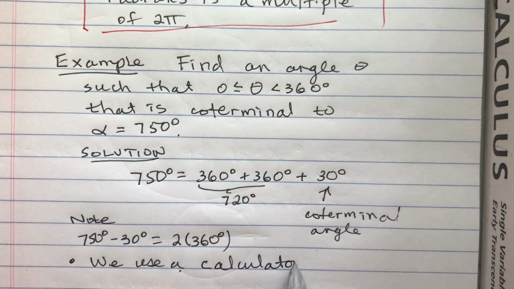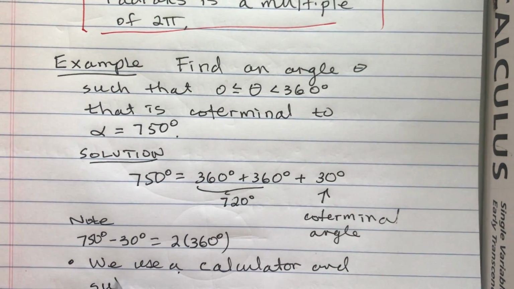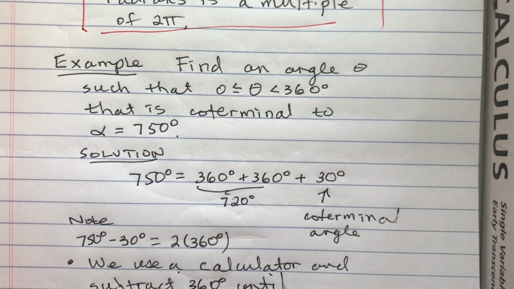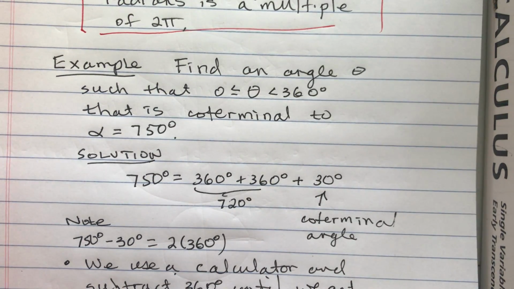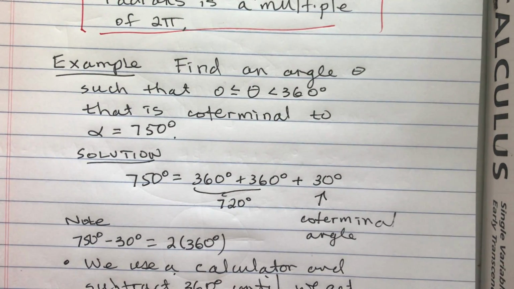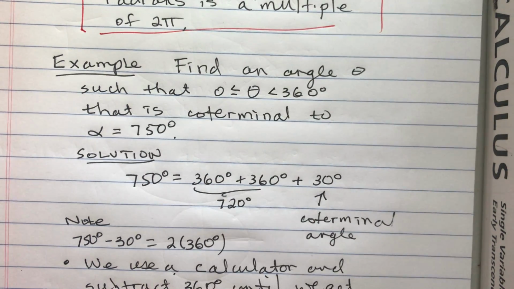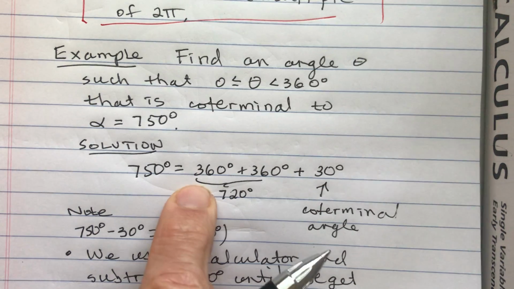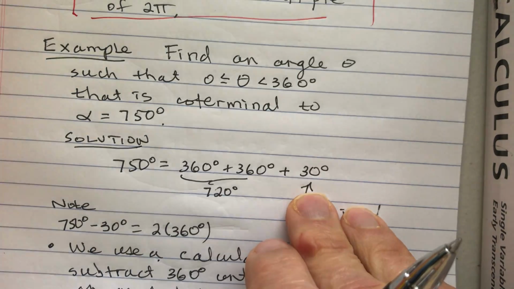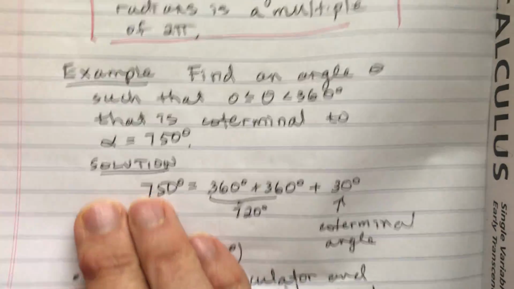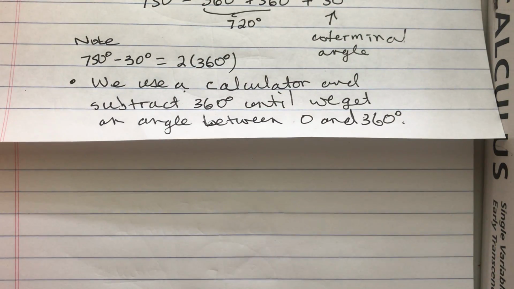So you use a calculator and subtract 360 degrees until we get an angle between 0 and 360 degrees. So that would be, take 750 and subtract 360 and see what you get. Subtract 360 and see what you get. So you could do that. That's very reliant on a calculator. I don't really always like having a calculator around at all.